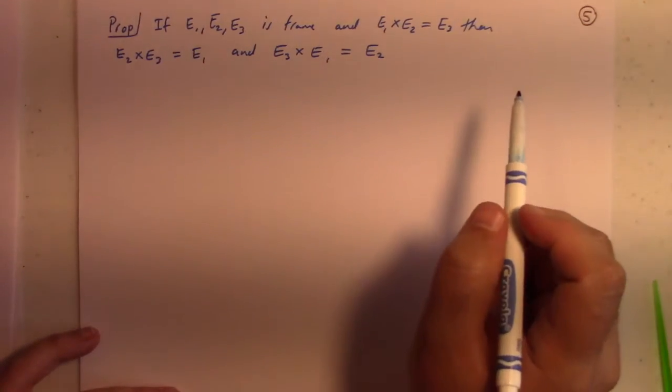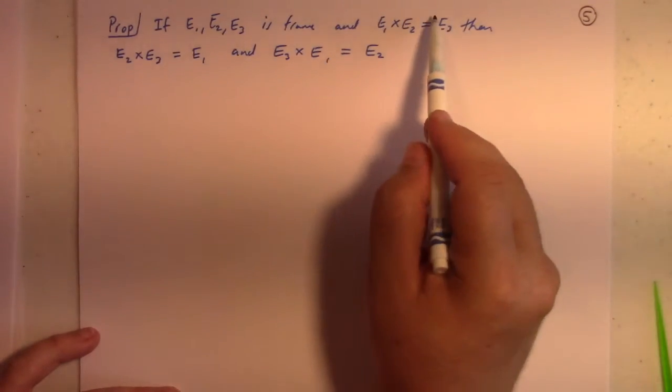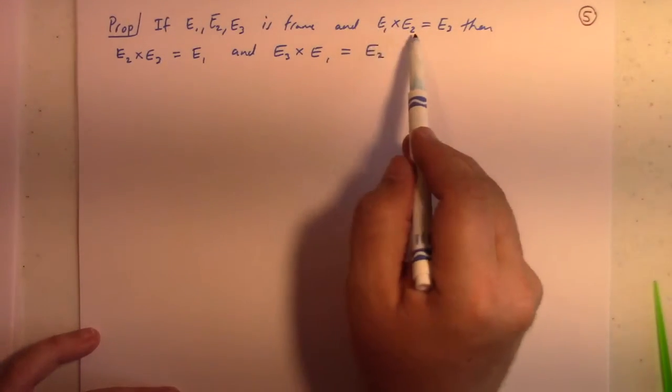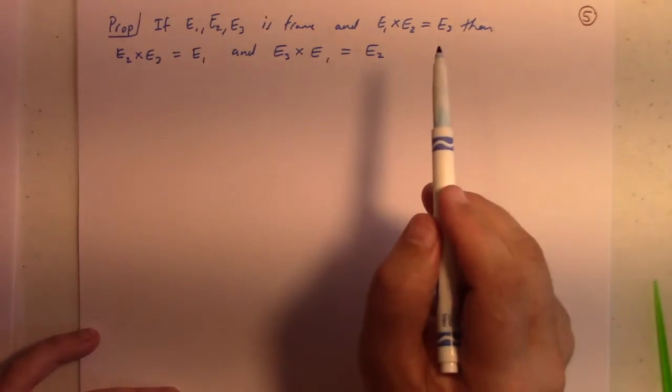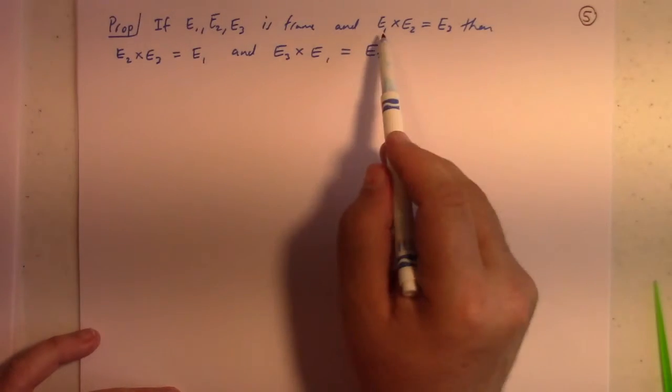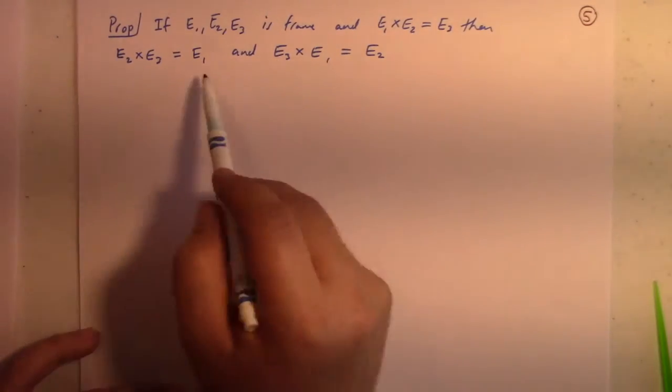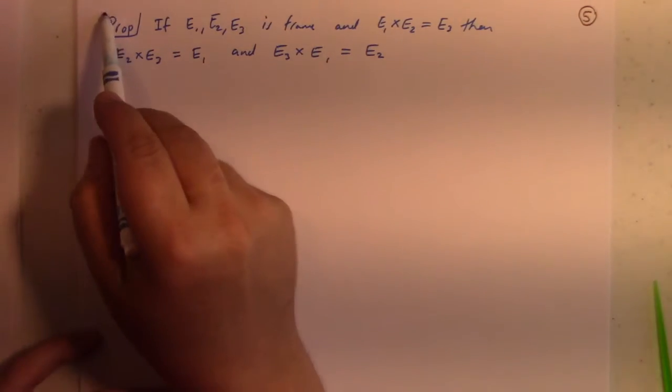In other words, this single condition that the cross product of any two distinct ones gives you the third one in the proper cyclic order automatically necessitates the other two cyclic cross products.